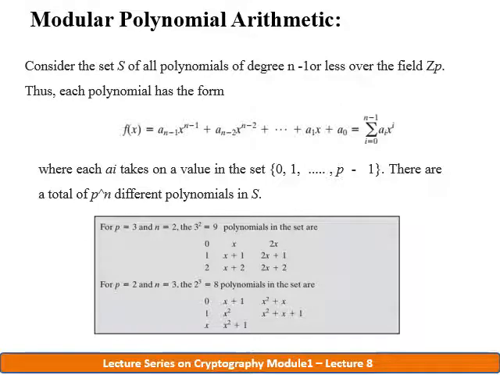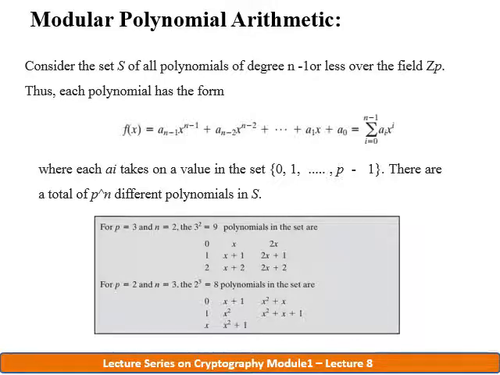With this field, each polynomial has the form f(x) = a_(n-1) x^(n-1) + a_(n-2) x^(n-2) + and so on, a_1 x + a_0.